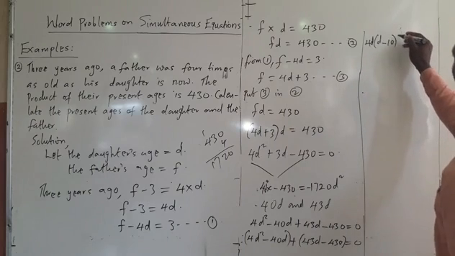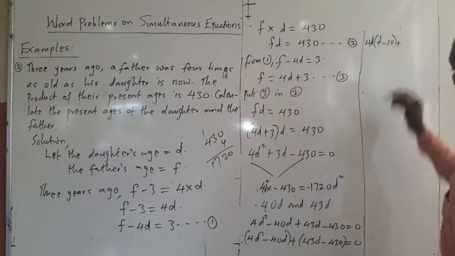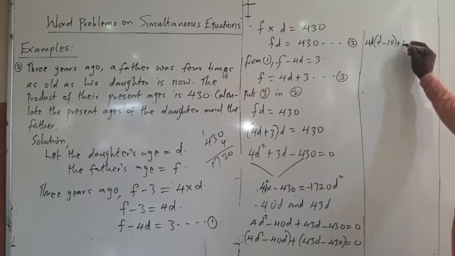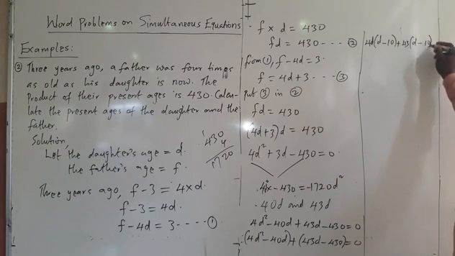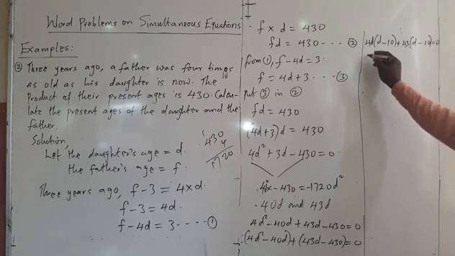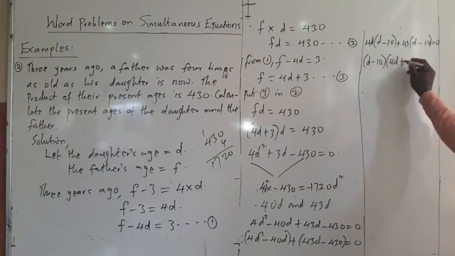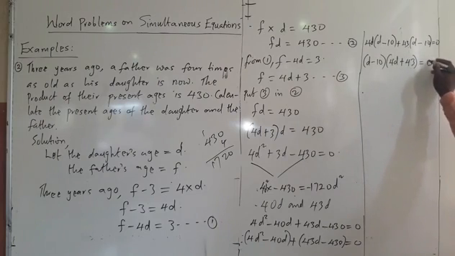Then plus 43d and 430, the common factor is 43. So we are left with d minus 10 equals 0. So the common factor here is d minus 10. So we have d minus 10 times 4d plus 43 equals 0.